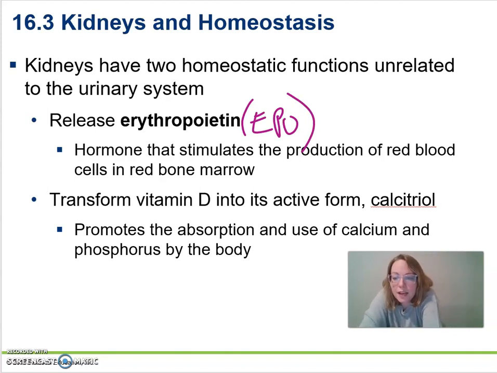So anytime the kidneys detect low oxygen levels, so whether you're at a high altitude and you're not getting enough oxygen in, or you have emphysema or some sort of COPD, or you're just becoming anemic because you don't have enough red blood cells, they're going to secrete EPO, make more red blood cells, increase your blood's oxygen carrying capacity. Right? And that's what they use in blood doping, because you can't tell that there's anything different in there. The other thing that they do is transform vitamin D into its active form, calcitriol, so that you can absorb calcium from your diet.